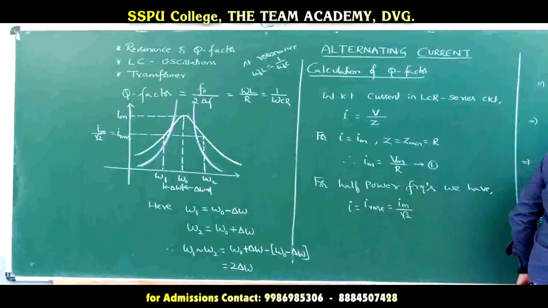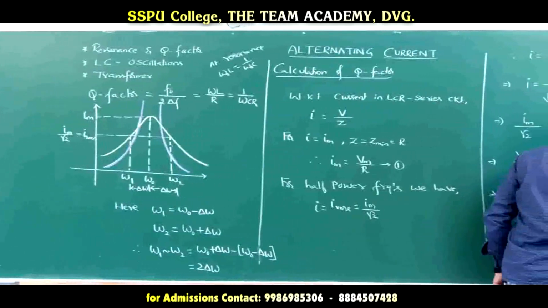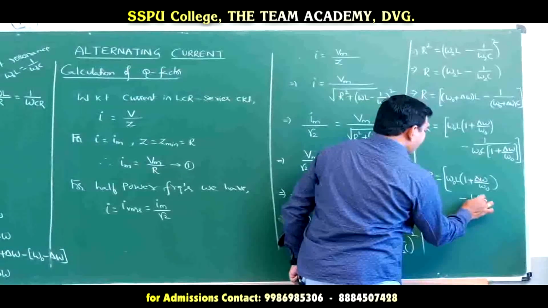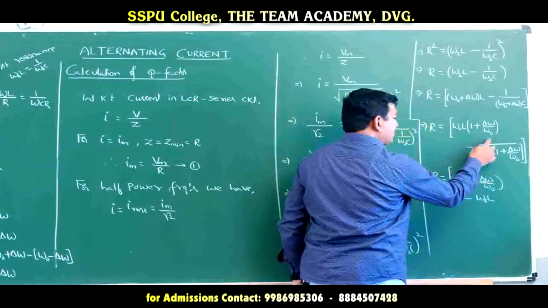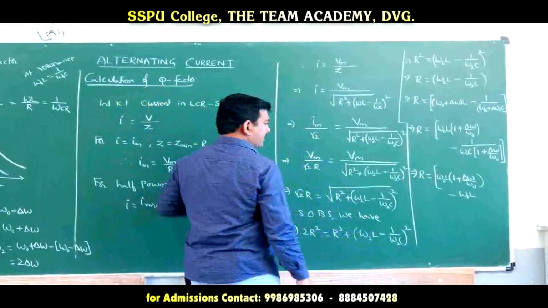Then I can write it as omega naught L into 1 plus delta omega by omega naught, minus omega naught L, because 1 by omega naught C is how much? Omega naught L according to the resonating case.